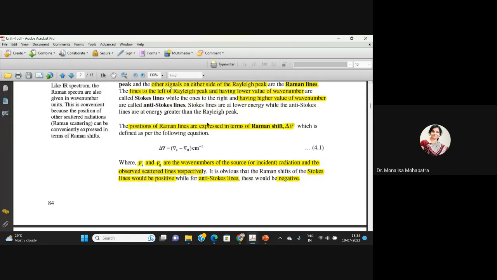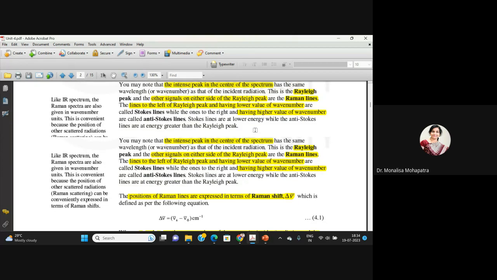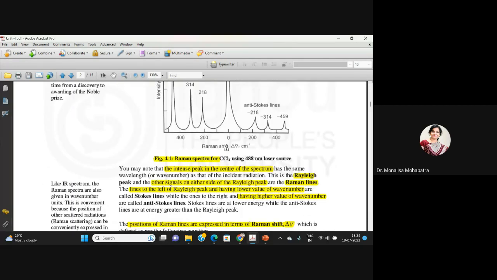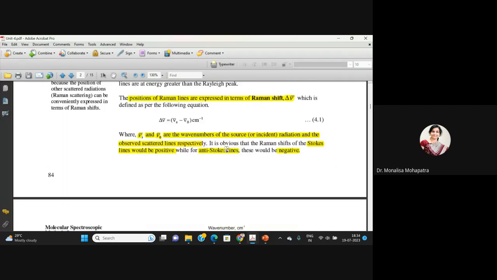So in that way you can calculate the Raman shift. How are you calculating that? From the position of your Rayleigh line, how much deviation or shift is there towards left or towards right. Accordingly, you say it to be Stokes shift or anti-Stokes shift.